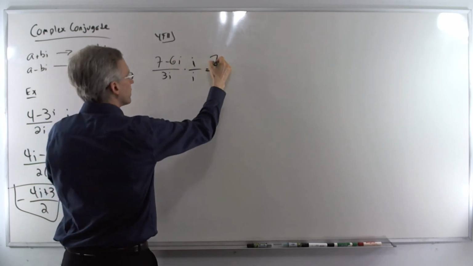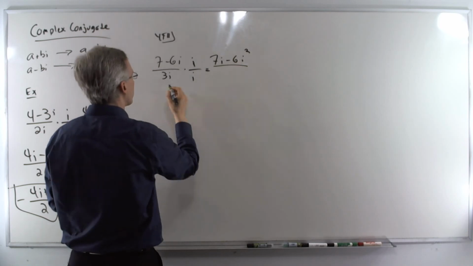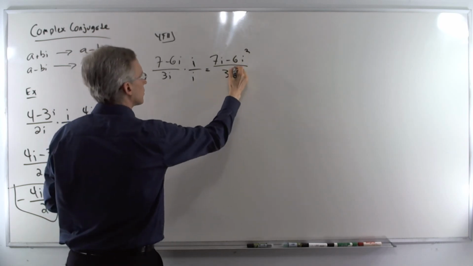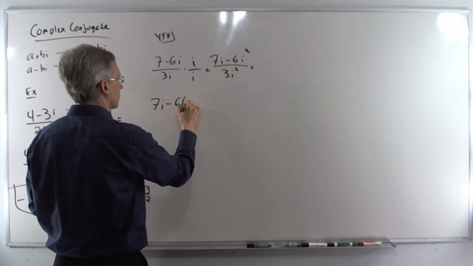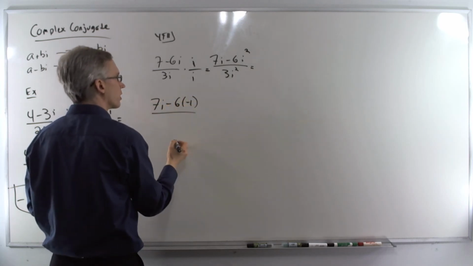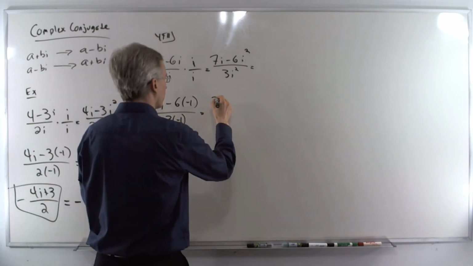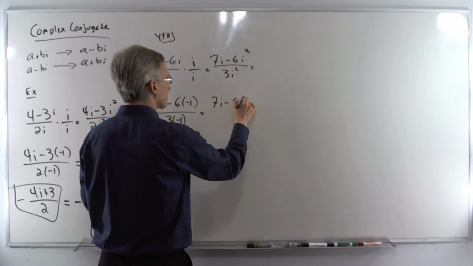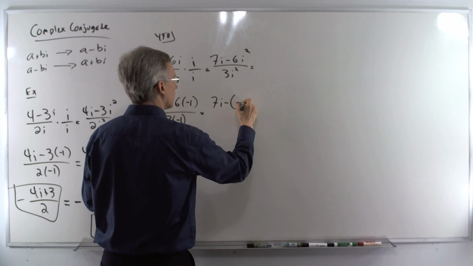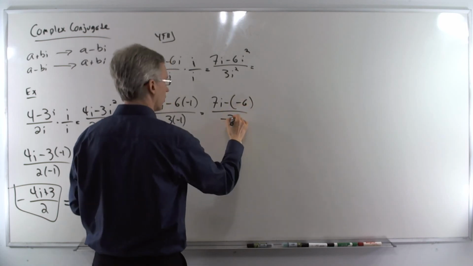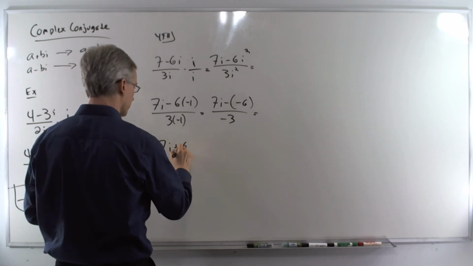Distributing in, we get 7i minus 6 times i squared over 3i squared. Let's convert the i squareds into negative 1. All right, that gives us 7i minus negative 6 over negative 3. So we get 7i plus 6 over negative 3.